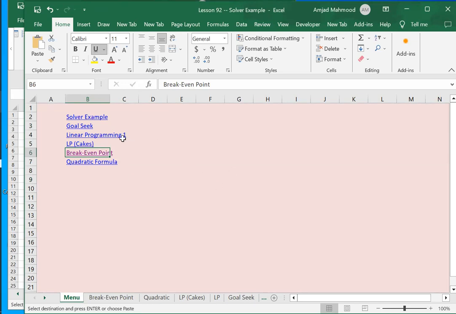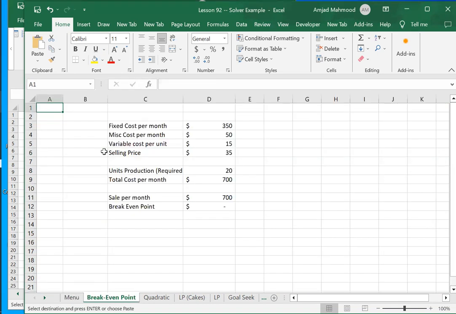Okay, today's topic is break-even point. As you know, most sales managers, production managers, or people related to the supply chain or management are familiar with this.